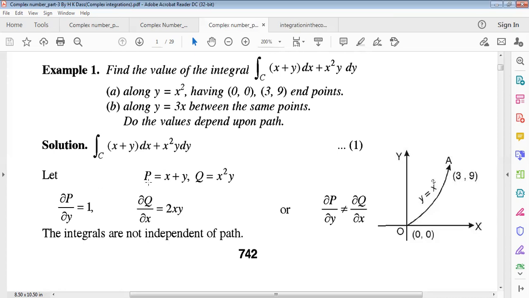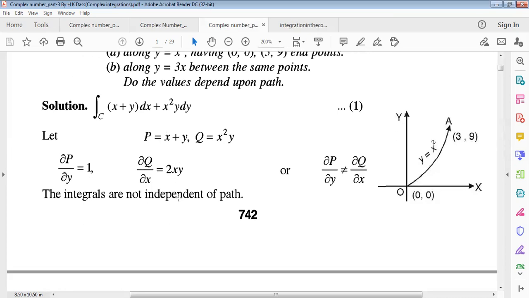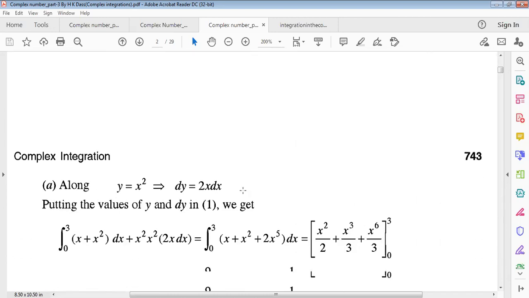Suppose p equals x plus y and q equals x square y. What are del p by del y and del q by del x? Just the partial differentiation of p with respect to y and of q with respect to x. Actually, these two are not equal. According to the differential equation theory, if these are not equal, then the integrals are not independent of path. That means they depend on the path.